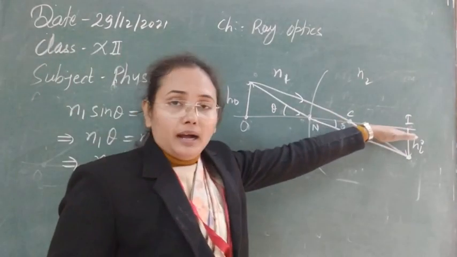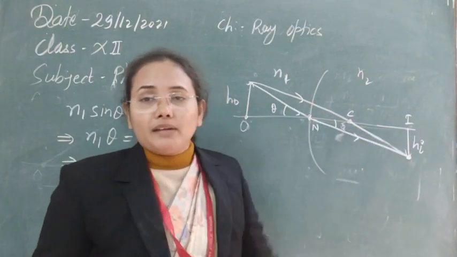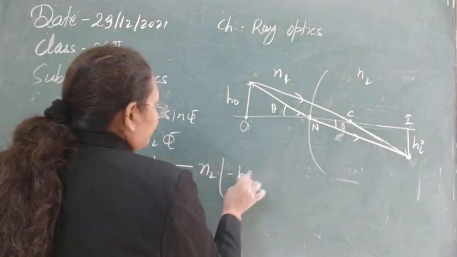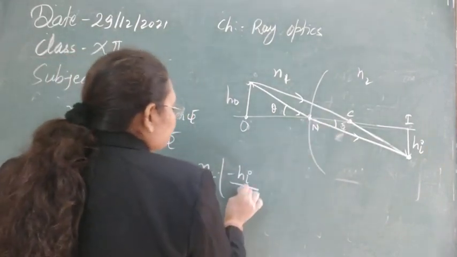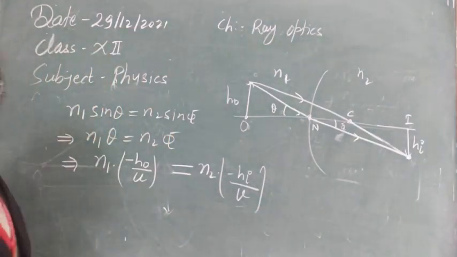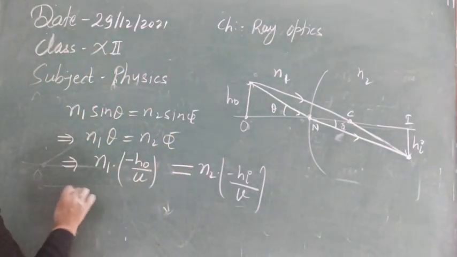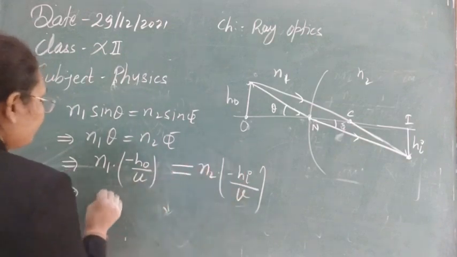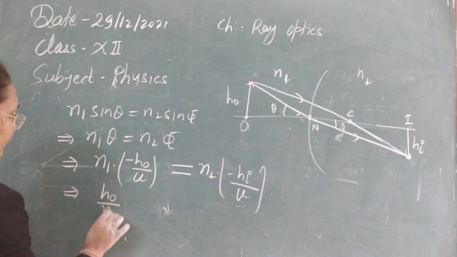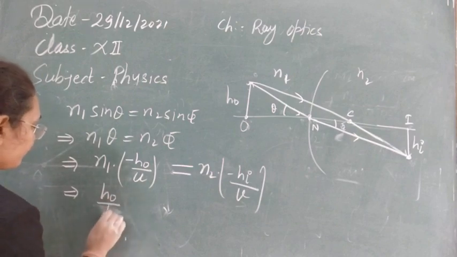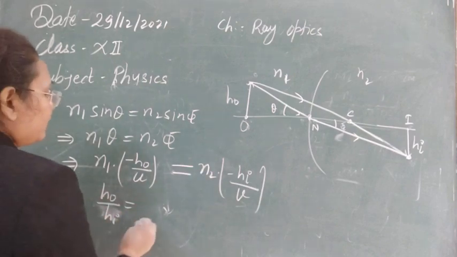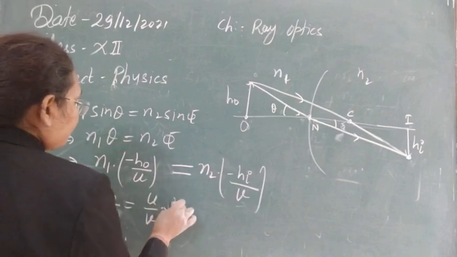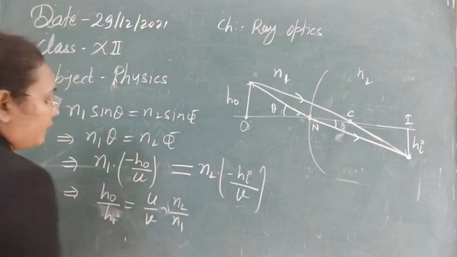As I told you, if any image is in inverted form, its height is taken as negative, that is minus HI, upon the positive value of V. Now the minus sign will be cancelled from both of them, and from here you can calculate the value of HO upon HI. So HO upon HI will be U by V into N2 upon N1 from here.